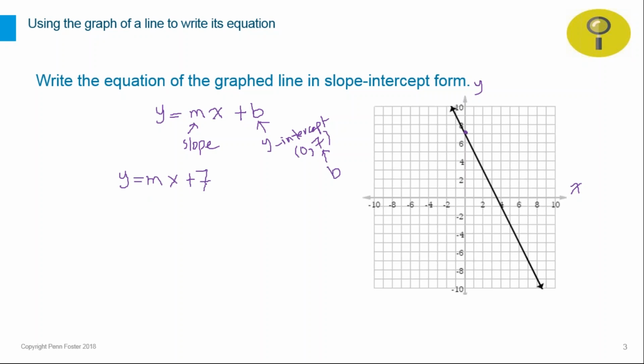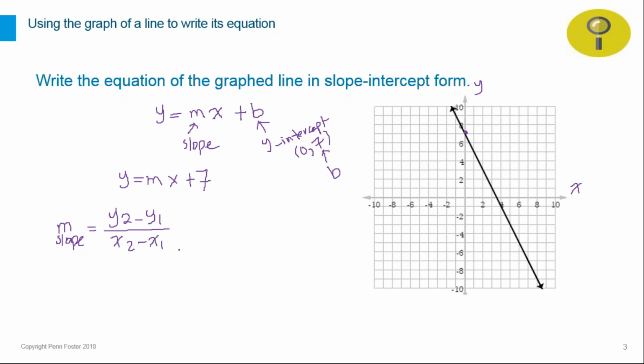Now the missing part that we still have to calculate is the m. m is the slope of the line. To find the slope of the line, we have to use a formula. m, or the slope, equals y2 minus y1 divided by x2 minus x1.